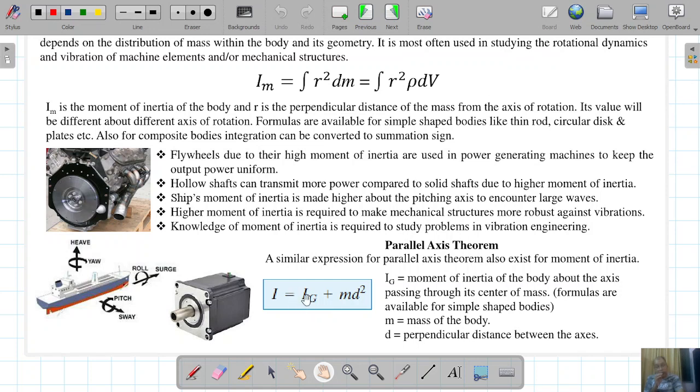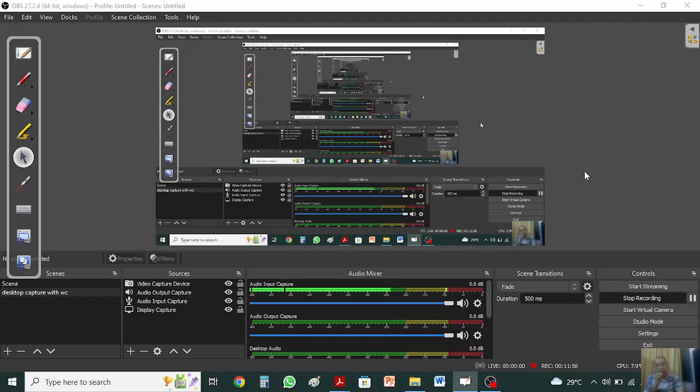Ig is the moment of inertia of the body about the axis passing through the center of mass, m is the mass of the body, and d is the perpendicular distance between the axes. So you must remember these things, and the applications of moment of inertia are also very important. With these theoretical concepts understood, we can now easily shift over to the numericals.